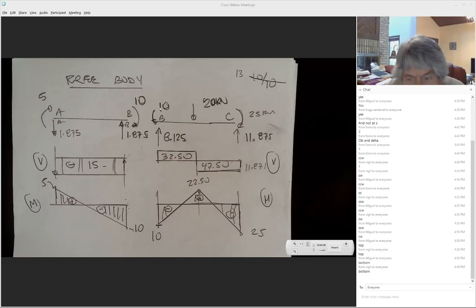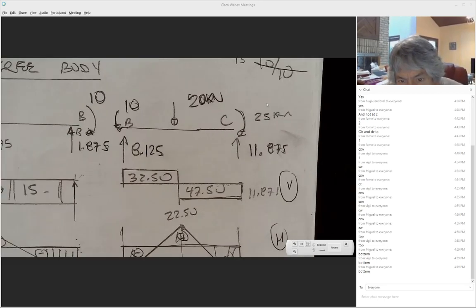Top or bottom with this 10? Anybody? Bottom. And so minus 10 plus 32.50 puts me at 22.50. This area is 47.50. 22.50 minus 47.50, 25. And that was exactly, look, 25.